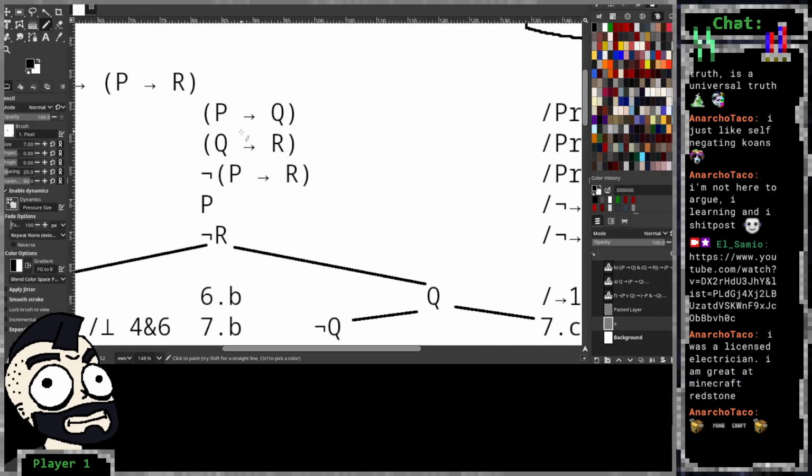Anyways, so we want to prove something called the transitive property. What this means is that in propositional logic, if the first element implies the second, and the second implies the third, then the first implies the third.